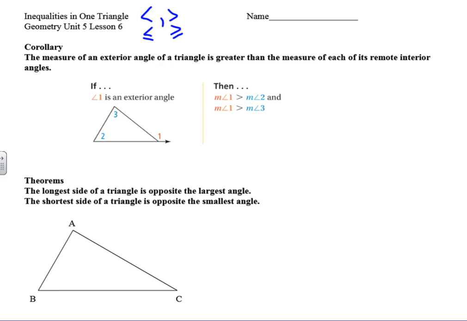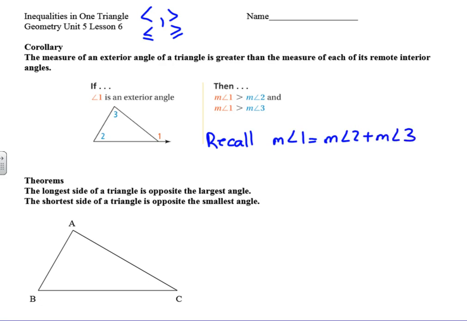So the first one is a corollary, and that's derived off of the exterior angle theorem, and it's this: the measure of an exterior angle of a triangle is greater than the measure of each of its remote interior angles. So recall from before that in this diagram, measure of angle 1 equals measure of angle 2 plus the measure of angle 3.